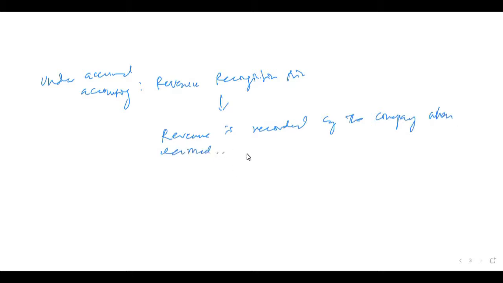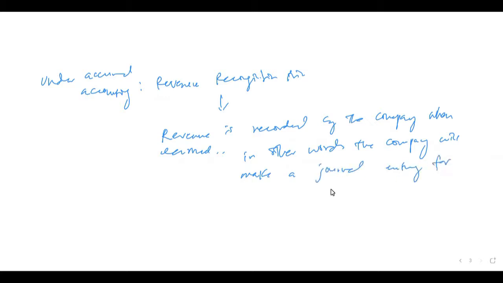In other words, the company will make a journal entry for the revenue when it is earned. So that's the principle called the revenue recognition principle.